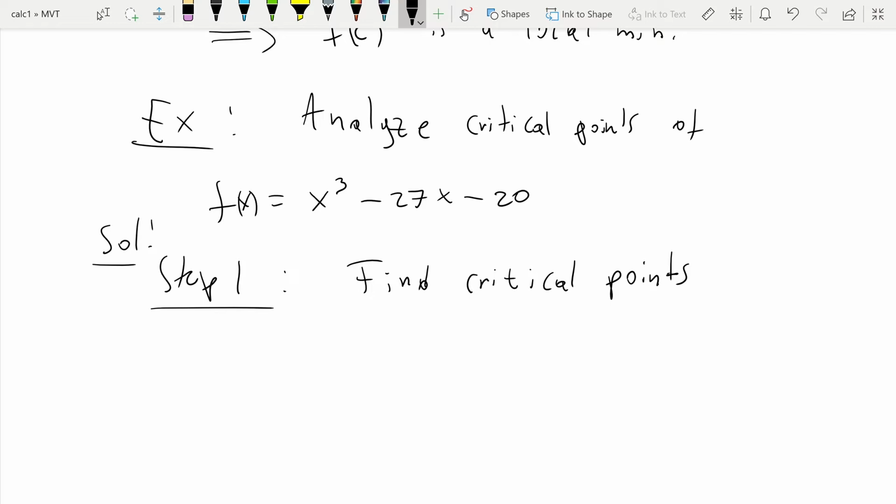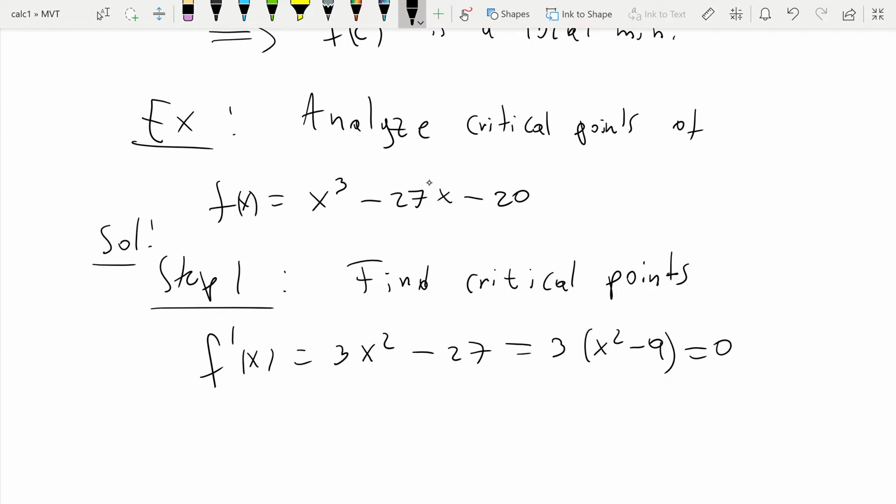But that's just because f is a polynomial. Because f prime of x is equal to 3x squared minus 27, which is equal to 3 times x squared minus 9, and we have to set that equal to 0. That implies that the critical points are the values c equals plus or minus 3.